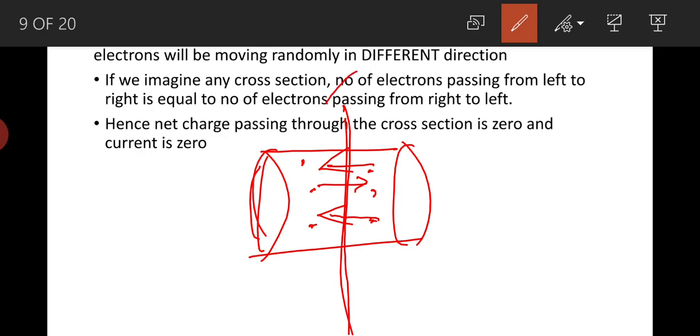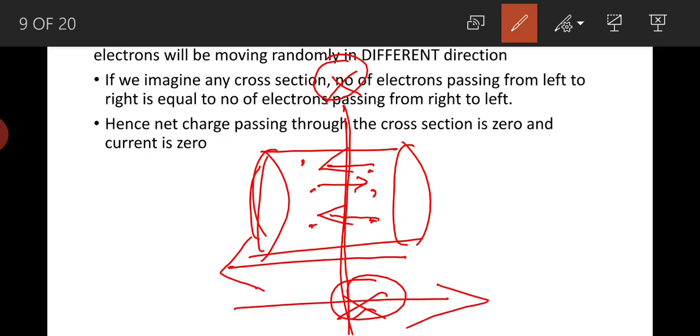If we imagine any cross section in this material, the number of electrons moving from left to right is equal to the number of electrons moving from right to left. For example, if 10 electrons are moving from left to right, then the same number of 10 electrons will move from right to left.